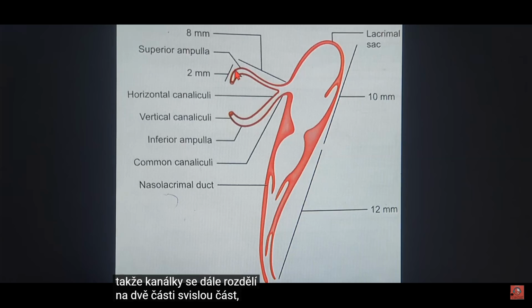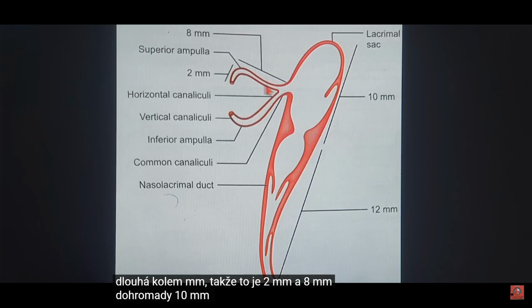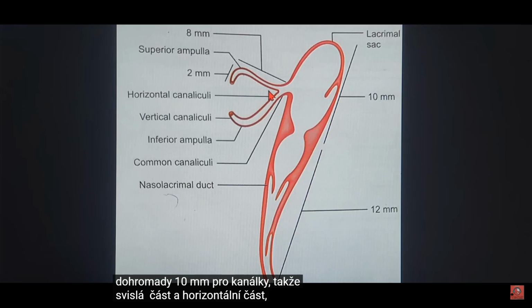The vertical part is around 2 millimeters in length, and the horizontal part is around 8 mm, so that's 10 mm together for a canaliculus.